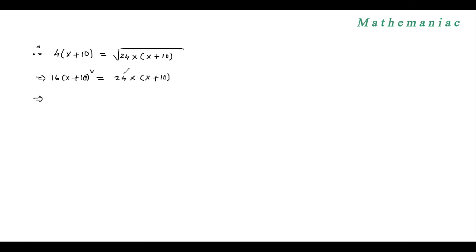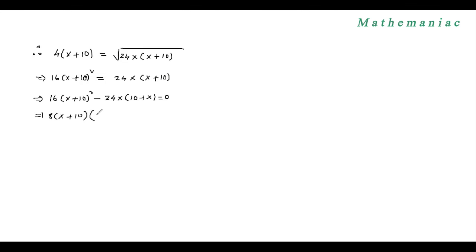Now we'll shift this to the left side. So this is 16 times x plus 10 square, then 24x, it is 10 plus x, I can write this as x plus 10 also. Now whatever is possible you take common. 8 I can take common, and x plus 10 I can take common.